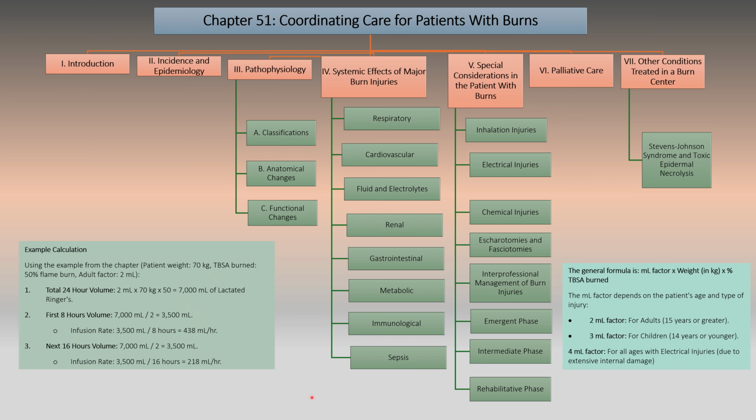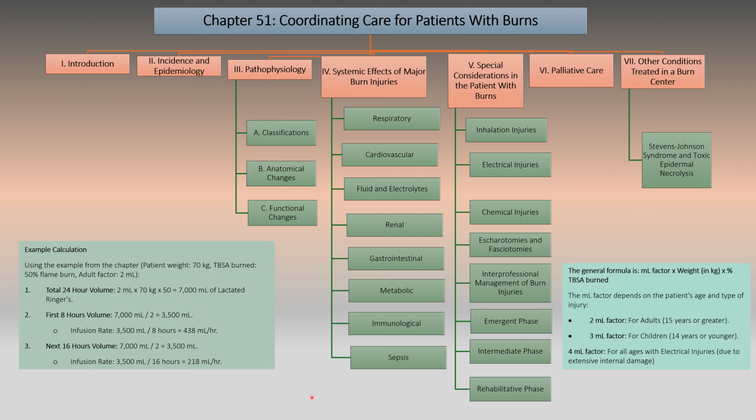So, burn fluid resuscitation monitoring and calculation protocols: indicators of adequate fluid resuscitation. Monitoring adequate fluid resuscitation is done by observing the following physiological parameters, which are key indicators of tissue perfusion.